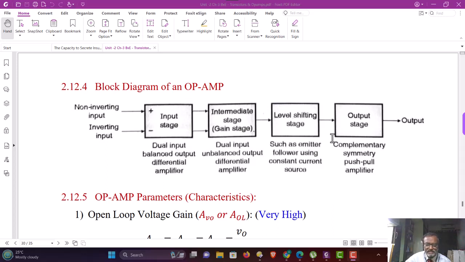So to increase the power level, normally the final stage of the operational amplifier is a power amplifier stage, mostly implemented using a complementary symmetry class AB push-pull amplifier, and it can be implemented using BJTs or MOSFETs. This is in short the operational amplifier. We will see the characteristics of the operational amplifier in the next topic.